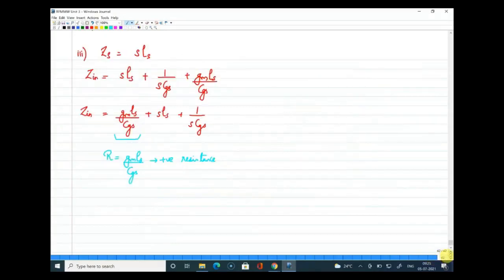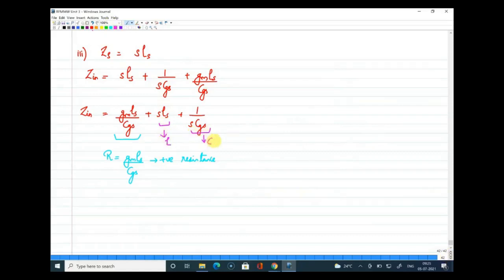But in this case, when you substitute an inductance at the source node, we have a resistive element, but it is not a physical resistance. The resistance component we obtain with the help of the capacitance and the inductance. Then there is an inductance term, and then you have a purely capacitance term.